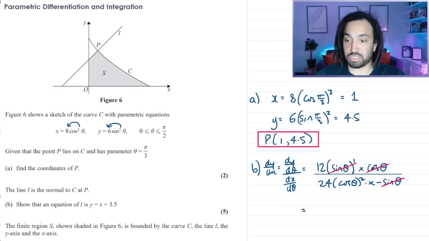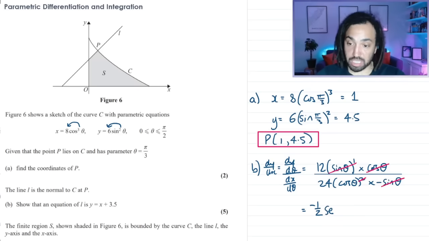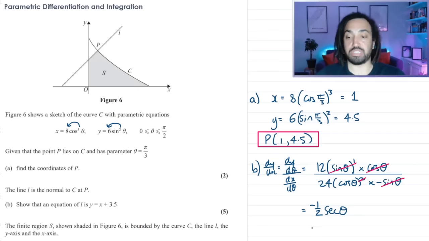We have a cos, which can cancel with the cos squared to leave cos on the bottom. We have 12 over 24, which can cancel down to a half. And there's a minus here, so don't forget that. And then cos on the bottom is sec. So we can write it like that if we wanted to.